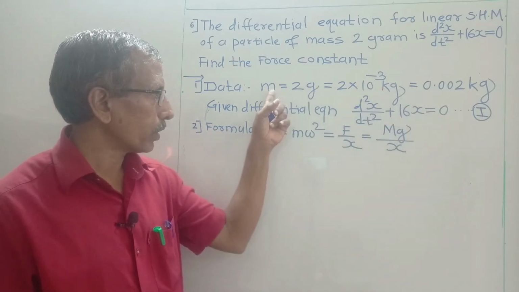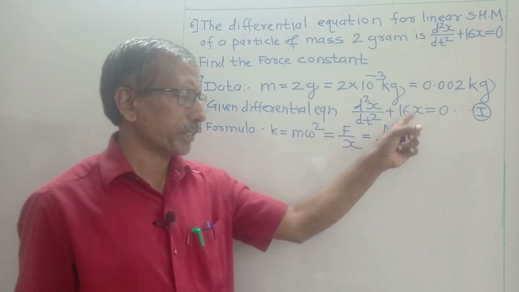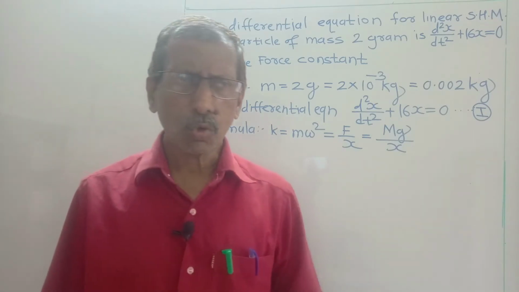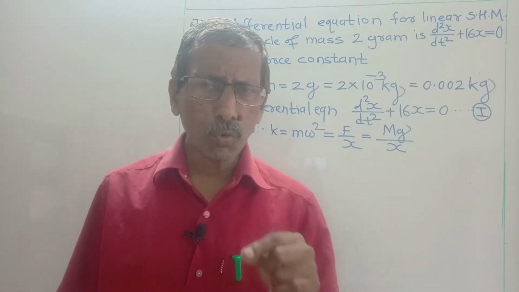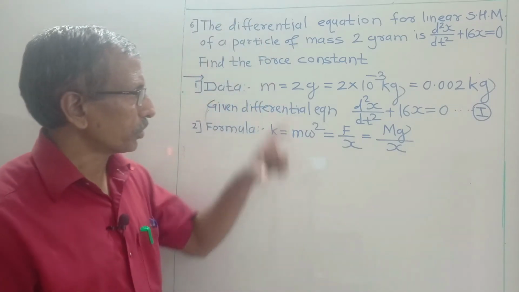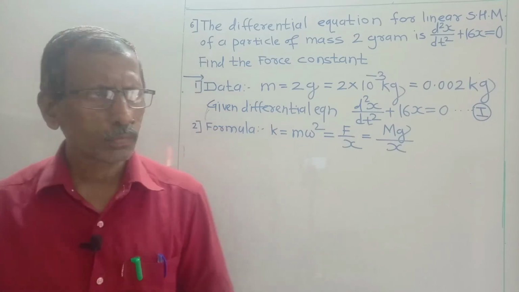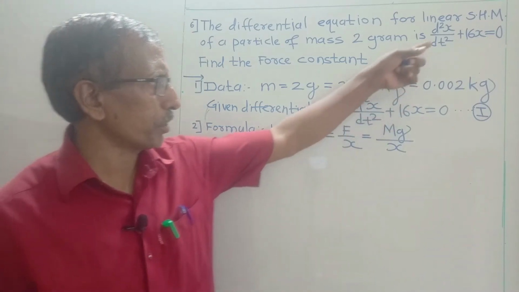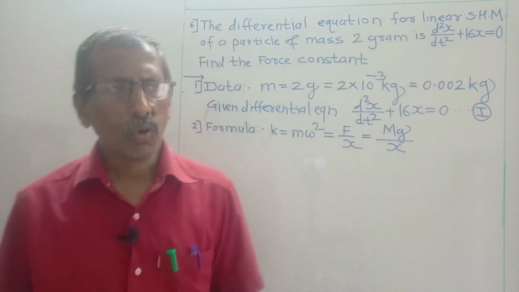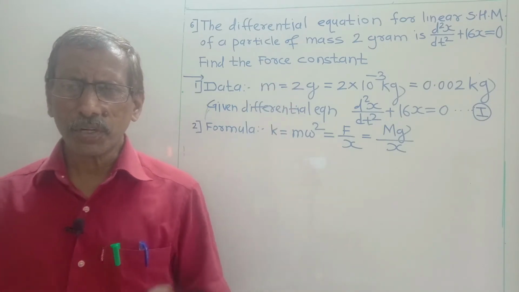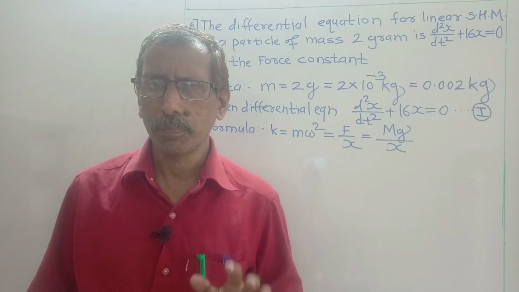M is given. From this we can find omega square. So we have to decide this numerical is related to which topic. It is clearly a differential equation that is given, so we have to solve this problem by using the differential equation of linear SHM.